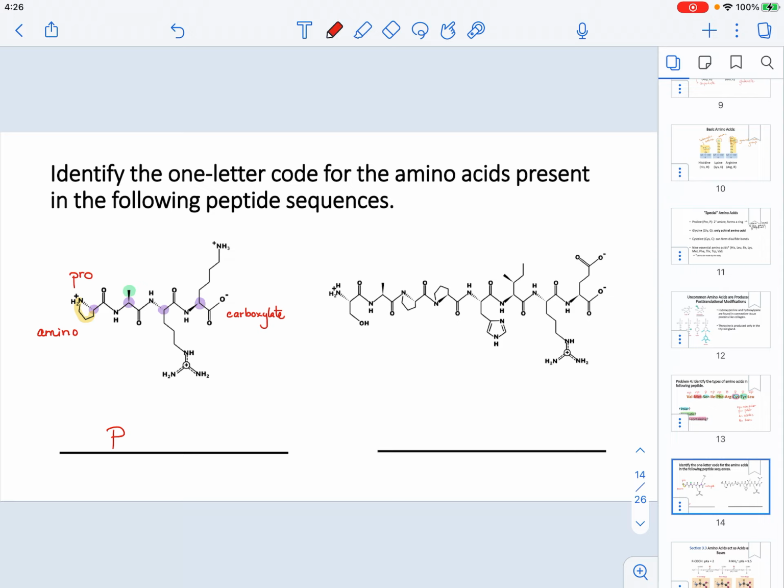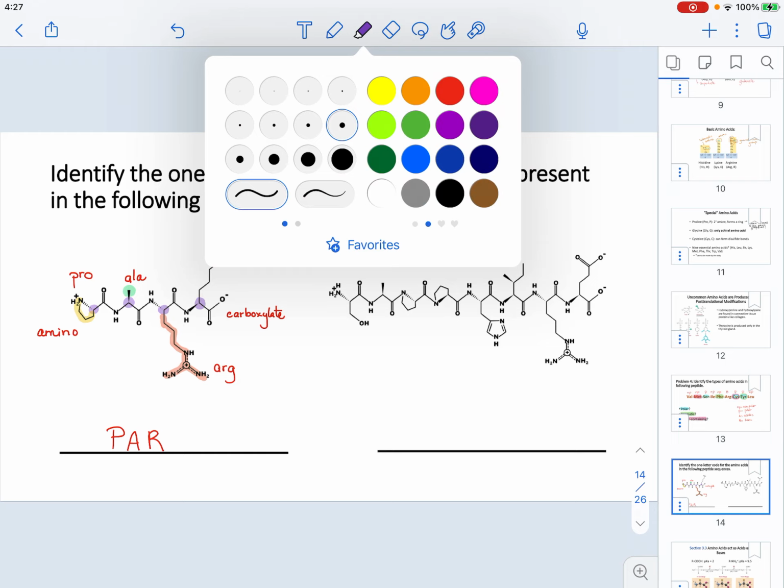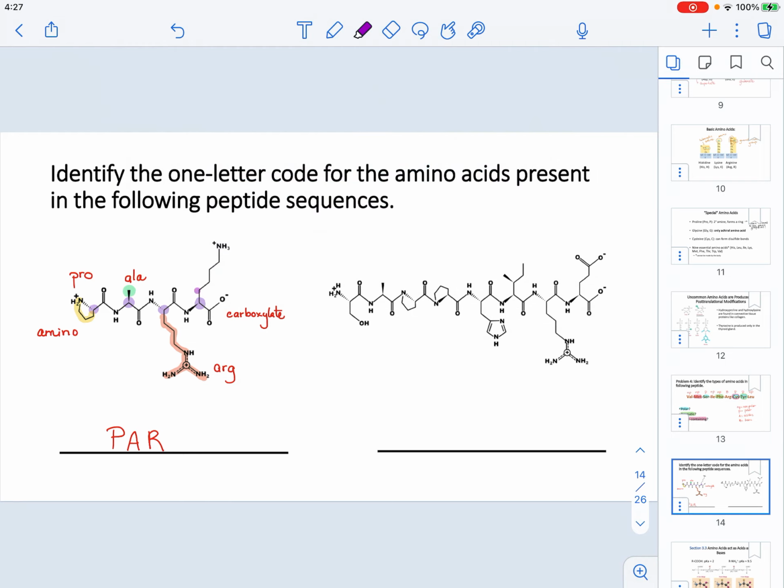A methyl group is going to be alanine, and the one-letter code for alanine is A. Then I have CH2, CH2, CH2, and this guanidinium group, which means that I have arginine, and the one-letter code for arginine is R. In the next one, I have CH2, CH2, CH2, CH2, NH3, which is lysine.